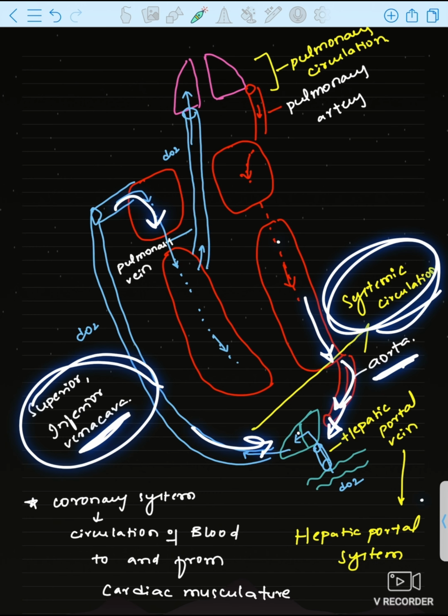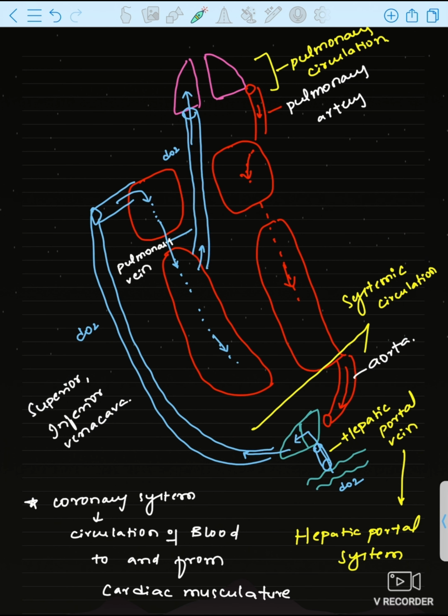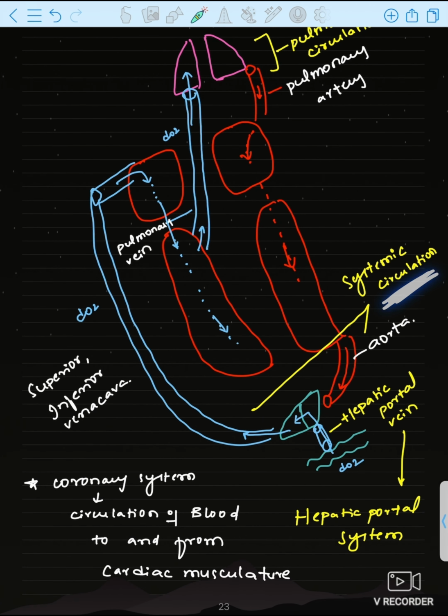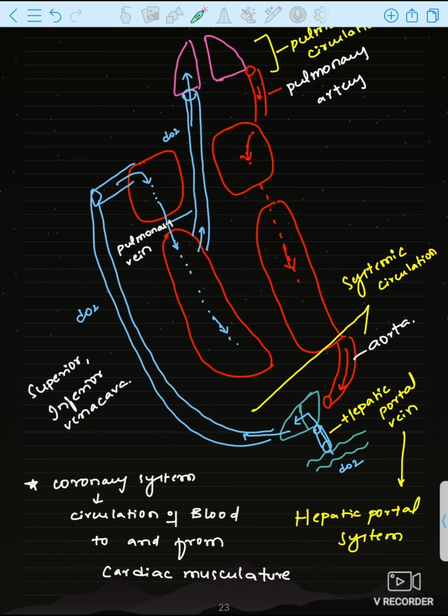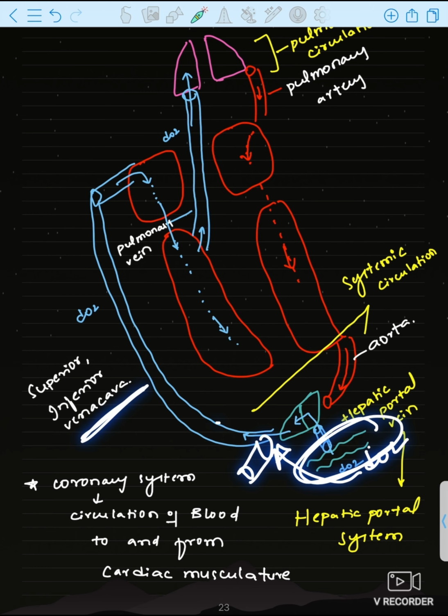System means different parts of organs, it is supplying blood and taking blood away from the heart. So it is systemic circulation. And one more thing you have to remember here is the intestine. Intestine contains deoxygenated blood. It won't directly enter into the venules, vein and superior inferior vena cava.